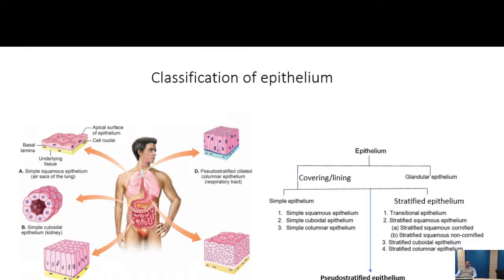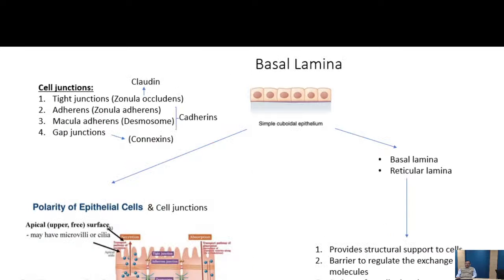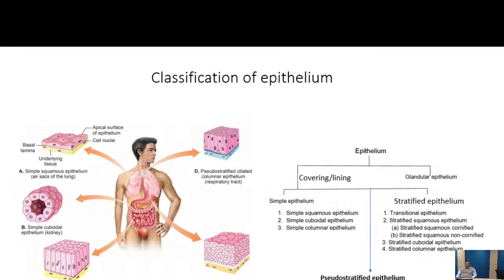It is present in the lining epithelium of the respiratory tract. So you see here the different types of cells.